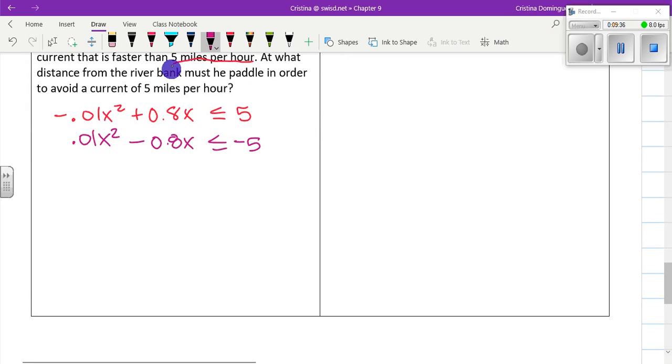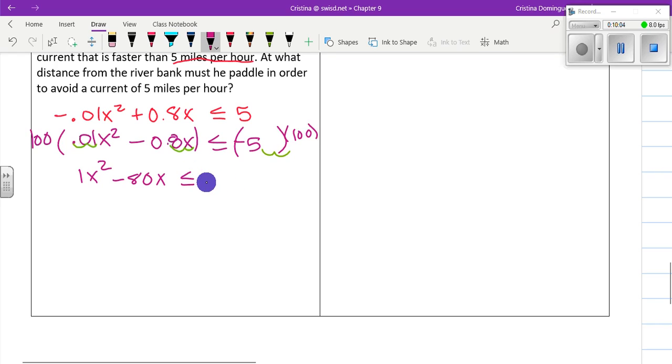The second thing is I'm going to multiply by 100, which moves all the decimal points 2 times to the right. So what we end up with is 1x squared minus 80x, because I'm multiplying everything by 100, and I end up with negative 500 on this end, okay?